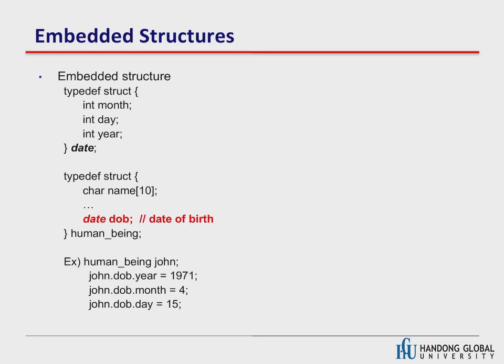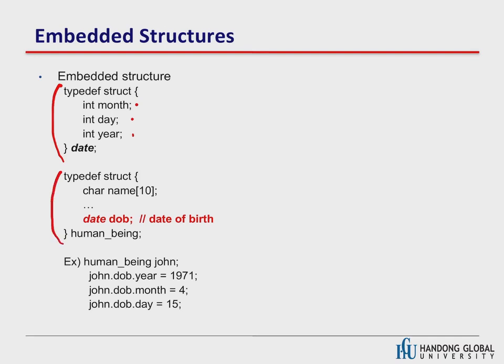Okay, and we can have a structure as a data field of another structure. So in this slide, we have a really good example. Let's say we have a structure for a date. In this structure, we have a month and day and year. Okay, so it's a perfect structure.